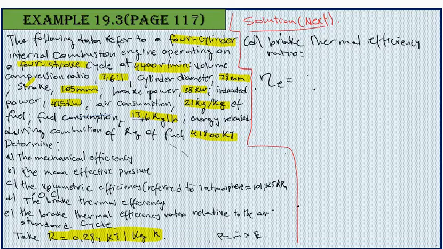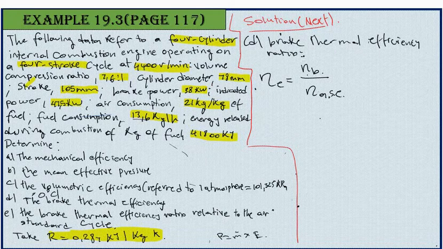It's just the ratio between NB, which means the brake thermal efficiency, divided by the air standard thermal efficiency. This one is called the air standard thermal efficiency, and this one is called the brake thermal efficiency.